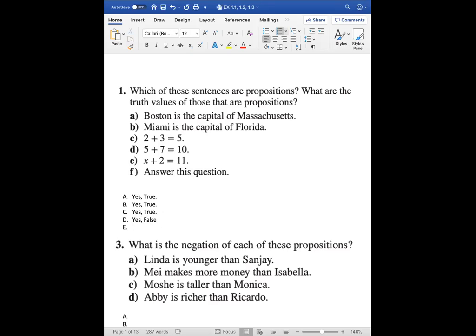This is unknown because we don't know the value of x. If x is 1, then 1 plus 2 is not equal to 11. x can be any number, so we cannot say if this equals 11 or not. Therefore, this is not a proposition.